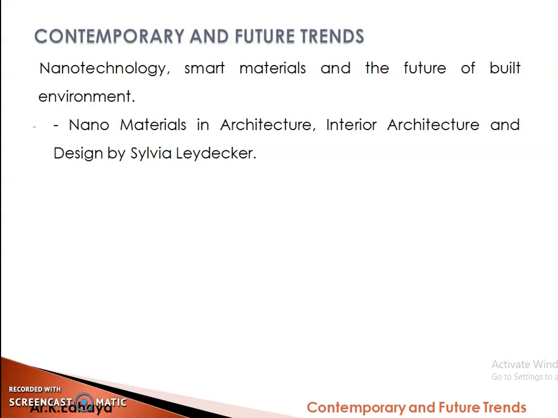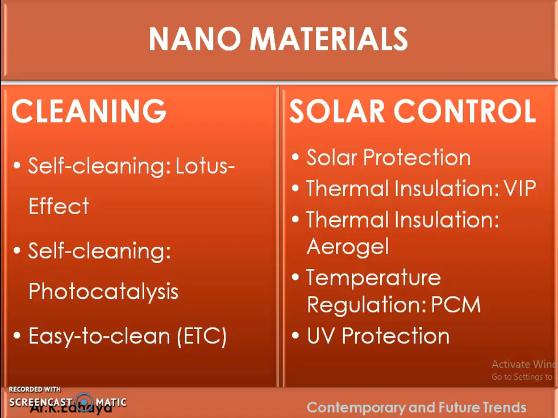The complete presentation is taken from Nanomaterials and Architecture, Interior Architecture and Design by Sylvia Leydecker, and this particular book has a lot of insight. The author has published many articles on nanotechnology, so this book was selected and used here.